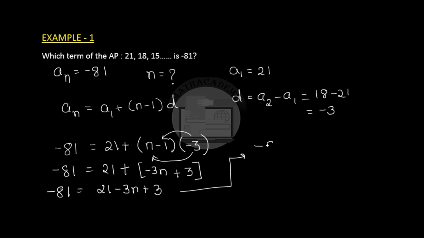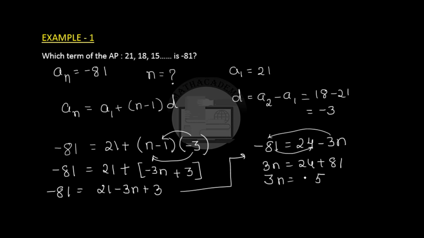This gives us negative 81 is equal to 24 minus 3n, or 3n is equal to 24 plus 81. I have transposed 3n to the left hand side and negative 81 to the right hand side. So 3n is equal to 105, and n is equal to 105 divided by 3, which gives you 35. This means that negative 81 is the 35th term in the sequence.